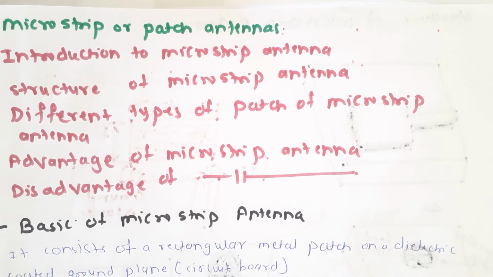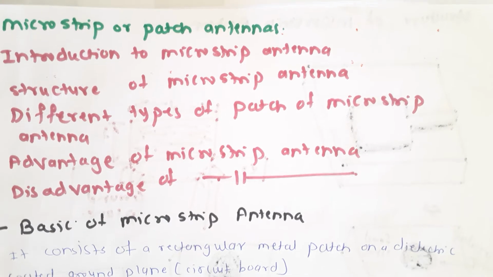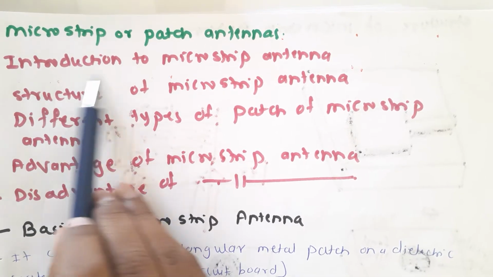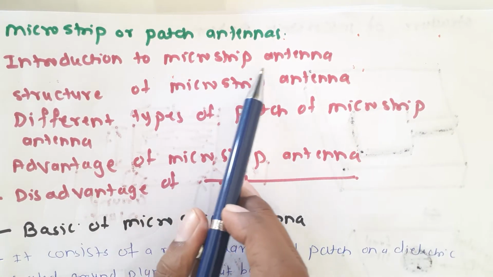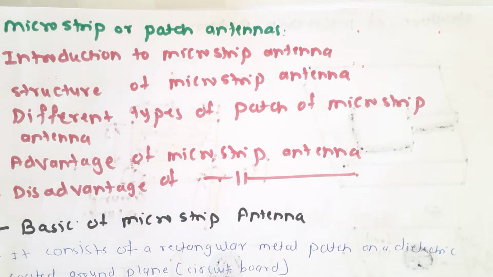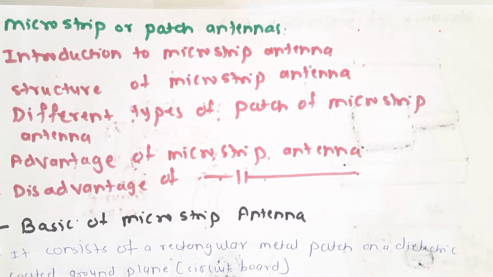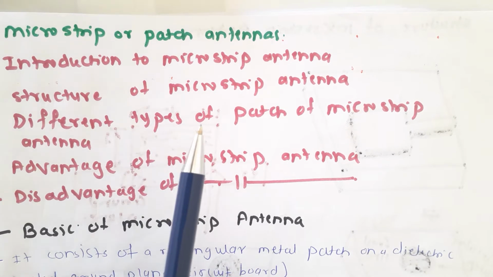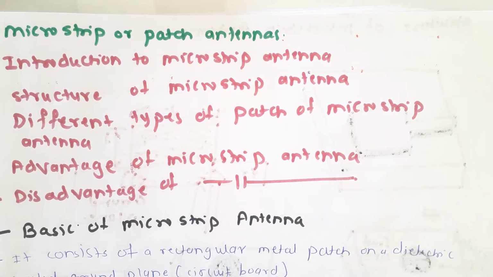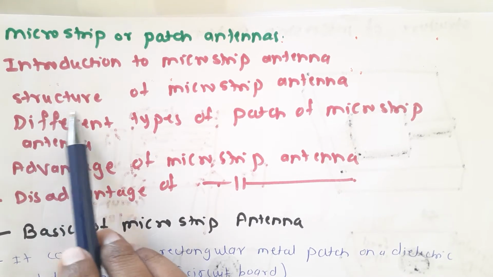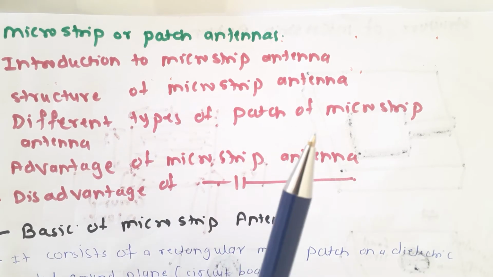In the introduction, firstly we will see what is a microstrip antenna, basic of microstrip antenna, then how we will fabricate the microstrip antenna, what is the frequency range of microstrip antenna, then we will go for the structure of microstrip antenna.